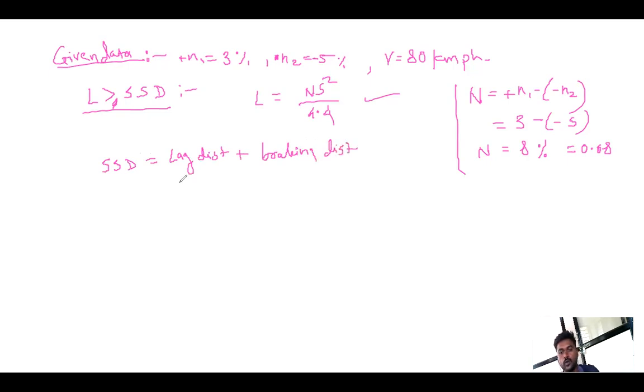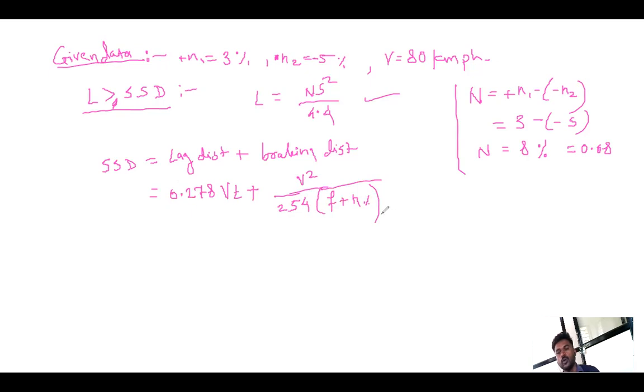As we know, SSD is the lag distance plus braking distance, and we know the formula for lag distance and braking distance. What is the formula? 0.278 VT plus braking distance, V square upon 254 into bracket F plus or minus n%.